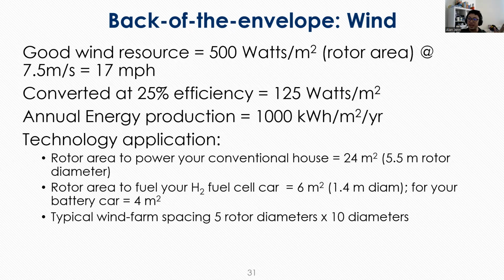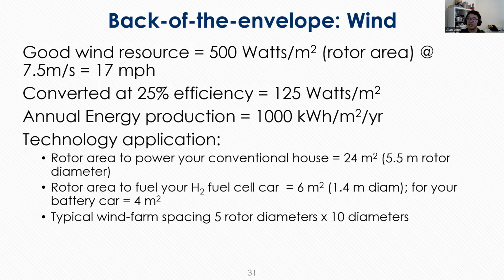And if you can take that kinetic energy, like a quarter of that kinetic energy, 25% efficiency, you get 125 watts per meter squared. And so per meter squared of a turbine, you're talking about on the order of 1,000 kilowatt hours production per year.